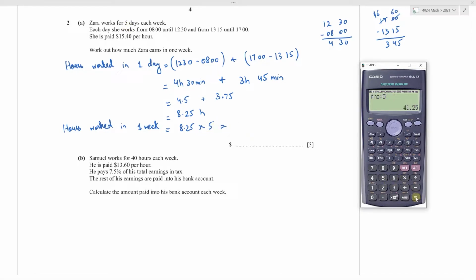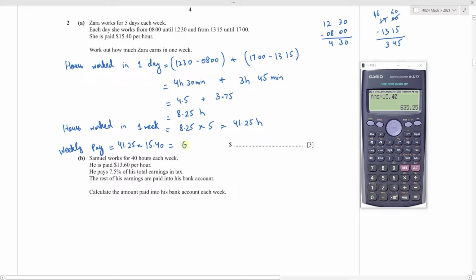So this multiplied by 5, 41.25 hours is the number of hours she works in 1 week. And then weekly pay will be the number of hours worked in 1 week, 41.25, multiplied by her salary per hour, which is 15.40. So this multiplied by 15.40, $635.25. So 635.25.